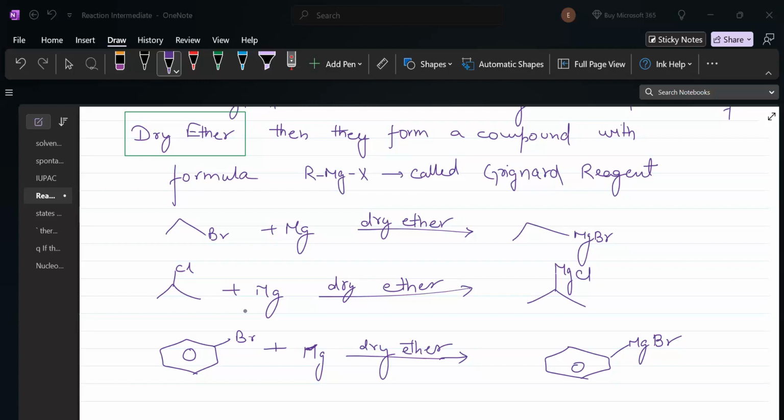Actually, when we use normal ether, there will be some moisture in it, and if there is moisture, then the reaction product will finally form an alkane. How this forms, with the mechanism, we will deal with later, in the next class. Got it? Yes, sir. Okay.